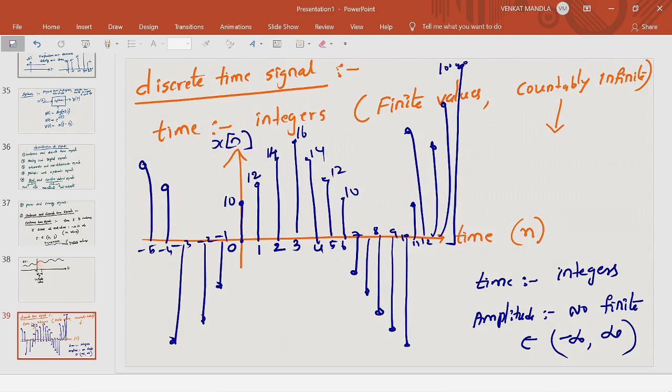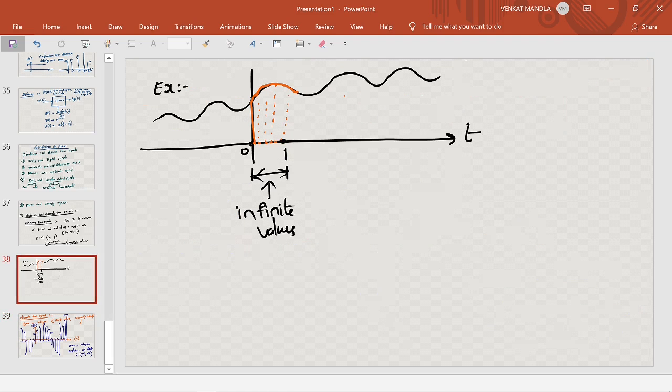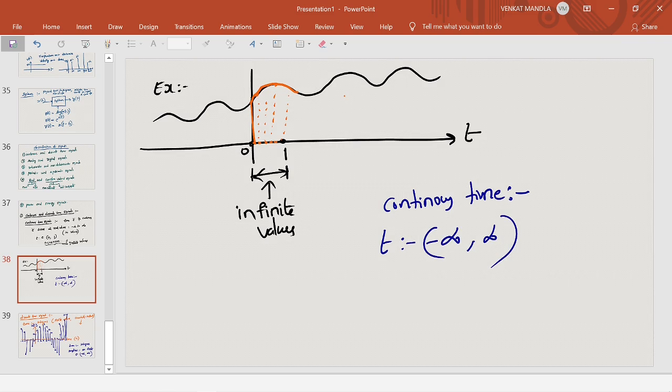In the continuous time case, the time takes all values between minus infinity and plus infinity, and the amplitude also takes any value.